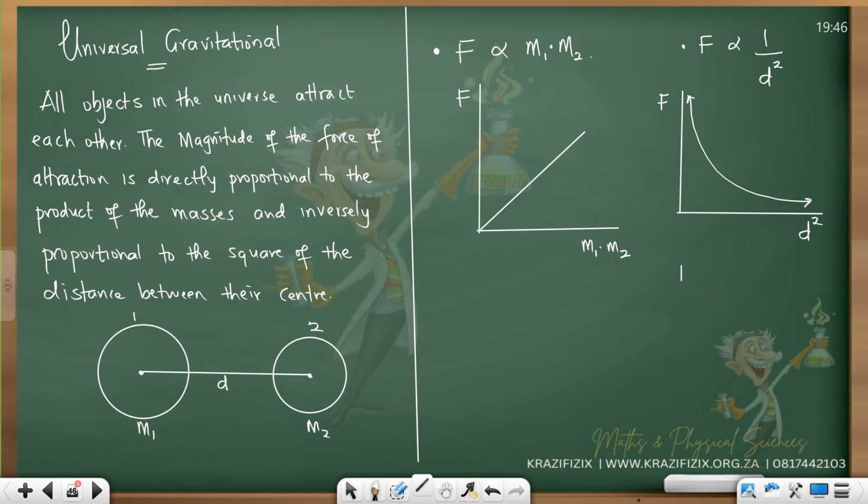And this graph can be repeated and redrawn like this. I'll give you time to write very quickly. 1 over D squared, but now it would be a straight line. I want you to see the difference between the two. If it is just D squared, it is a curve. But if it is 1 over D squared, then it is a straight line.